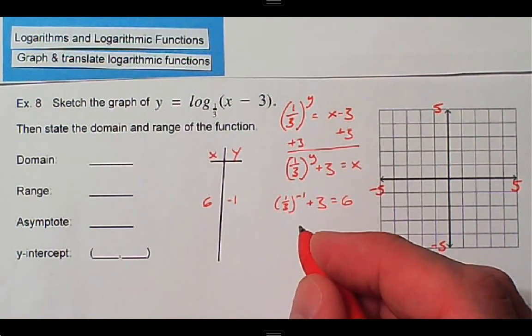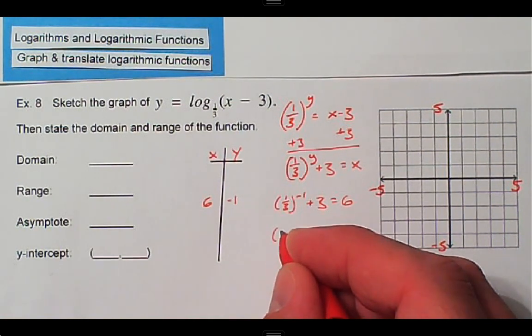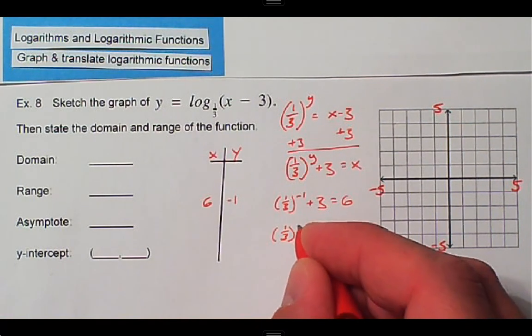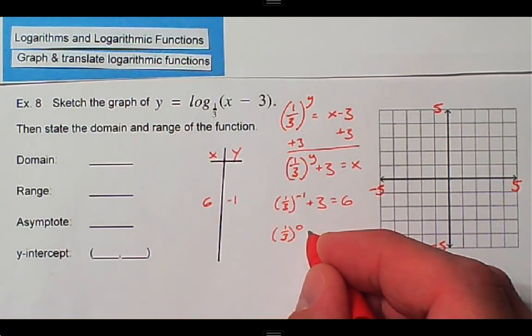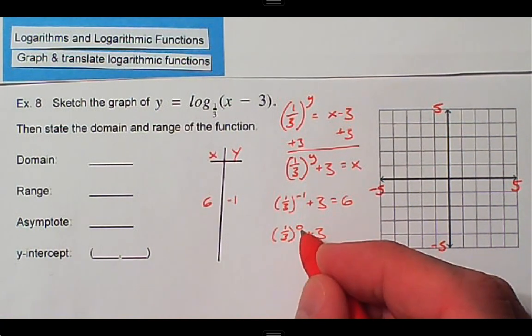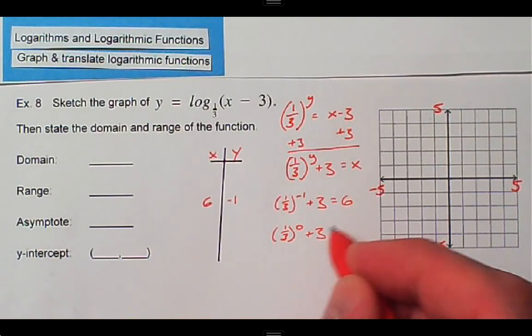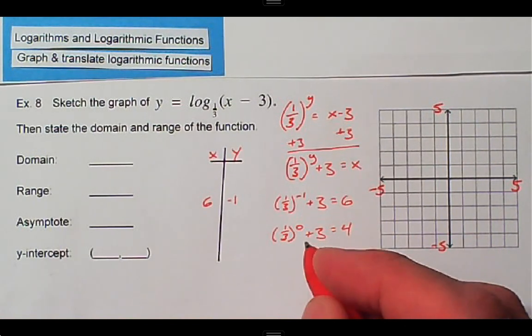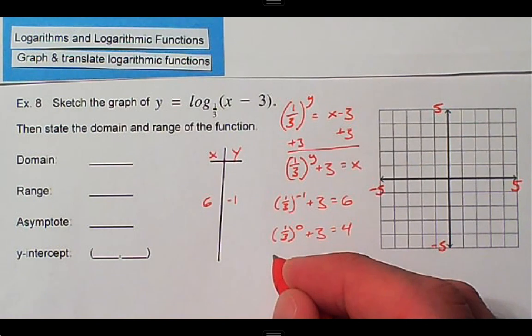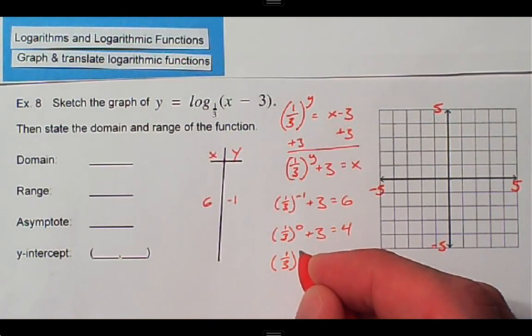Then we can check 0. So 1/3 to the 0 power plus 3. Anything to the 0 power is 1. 1 plus 3 is equal to 4. And we'll try one more, the first power. 1/3 to the first power plus 3.